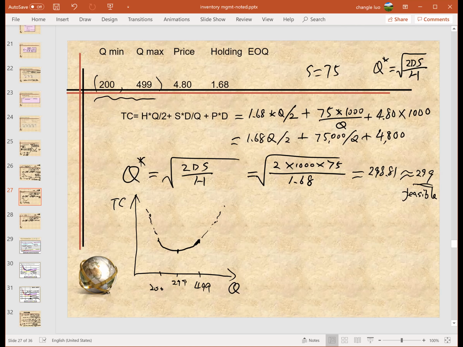So we have this Q star here that is 299, and our total cost, I'm going to copy it over from here, is, plug in the number 299.